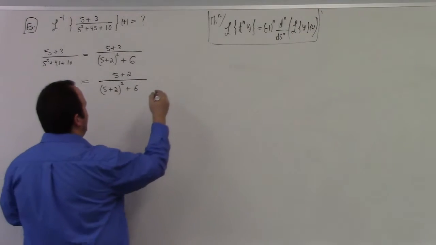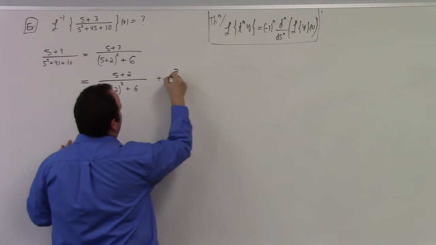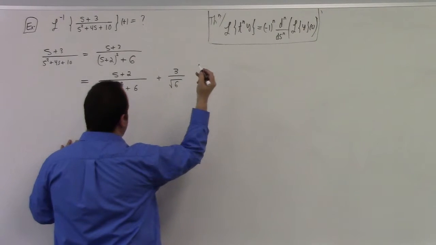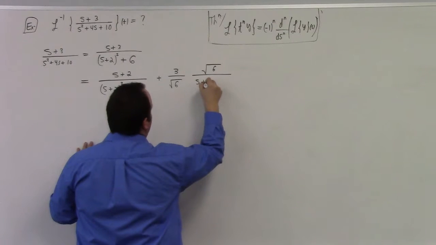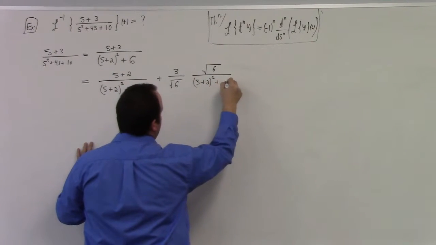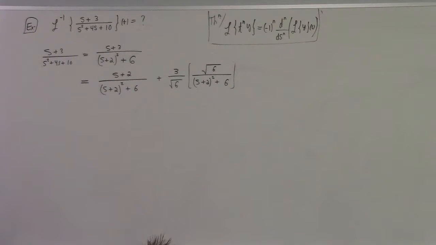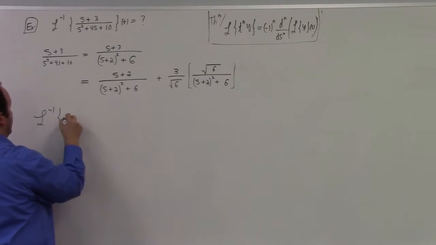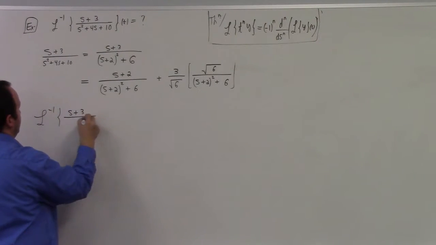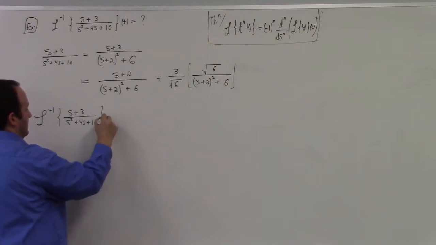Then this one requires a little bit more imagination. But here it is. This is obviously 3 over the square root of 6, times square root of 6 over s plus 2 quantity squared plus 6. The reason I do that is because now I can read, without further calculation, the inverse Laplace transform of s plus 3 over s squared plus 4s plus 10 at time t.